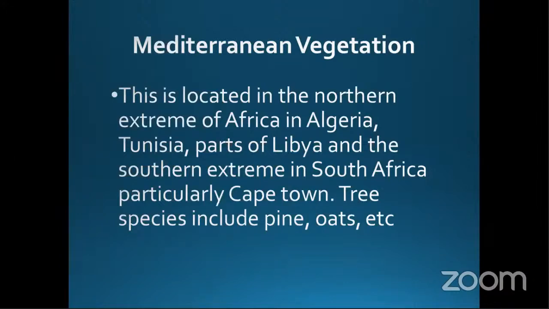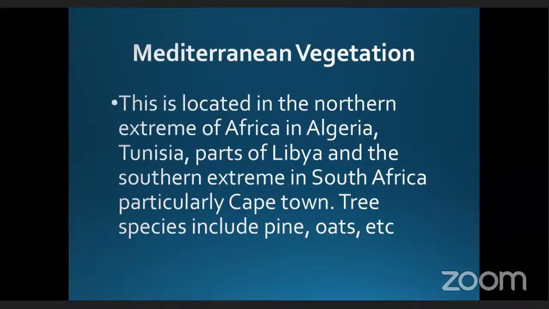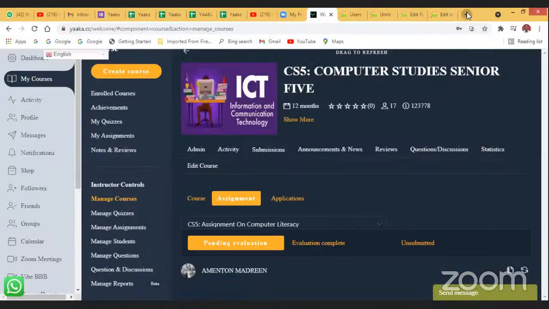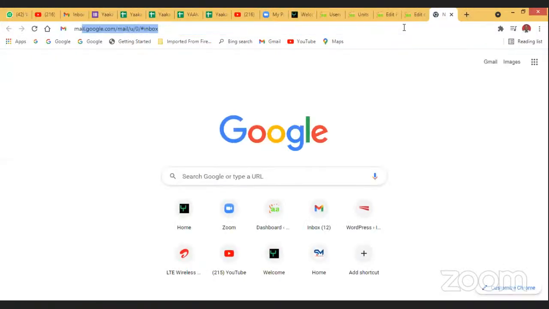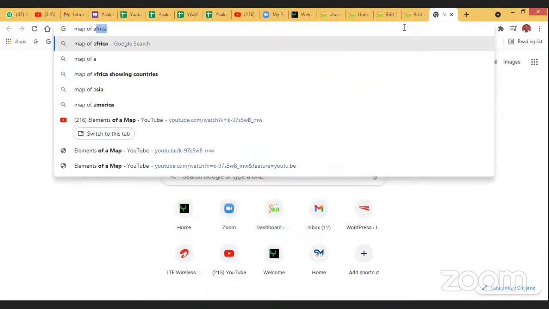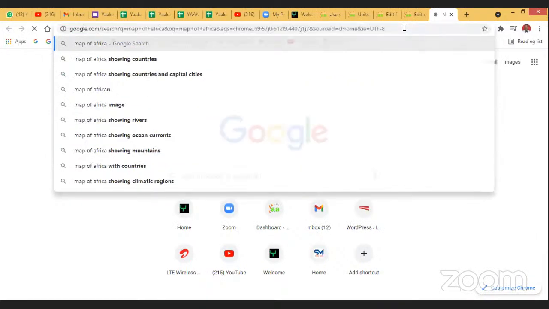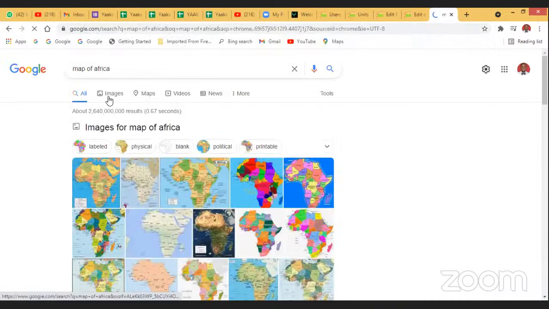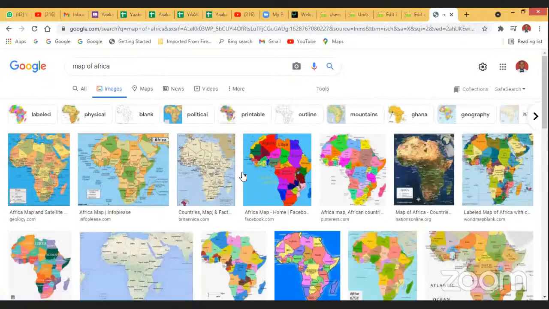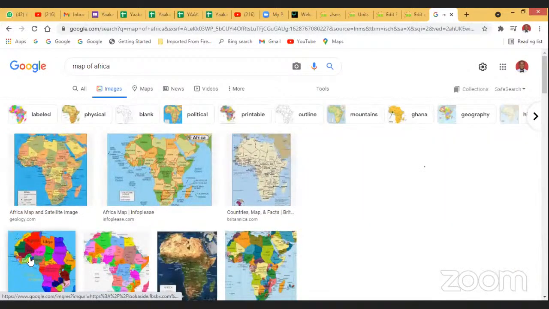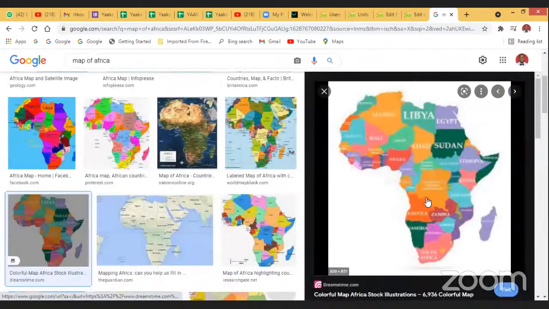So let me share screen. If we come to the map of Africa, we can pick an image here. Can you see my screen?